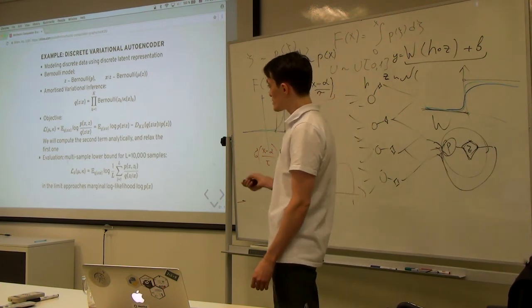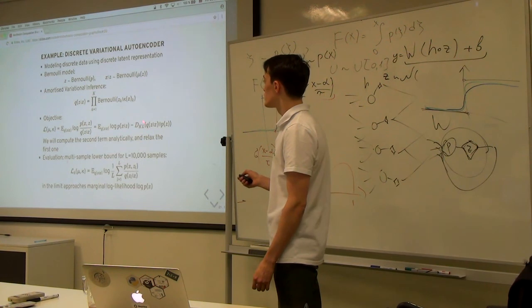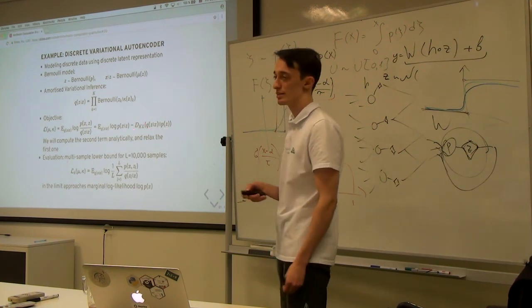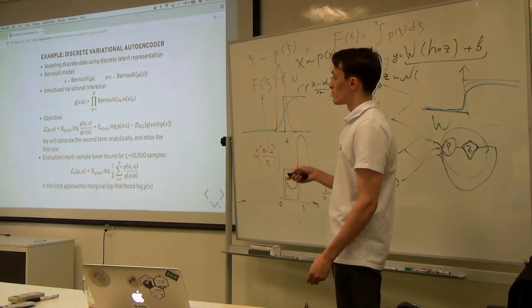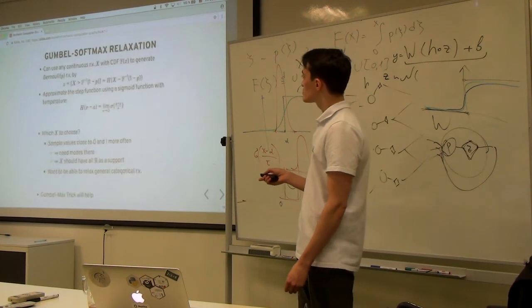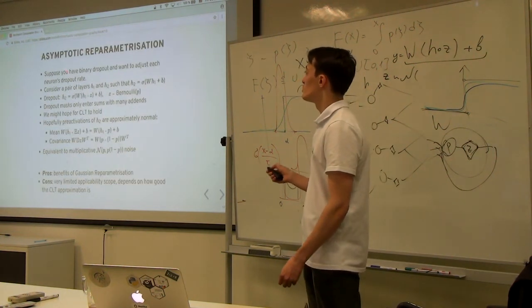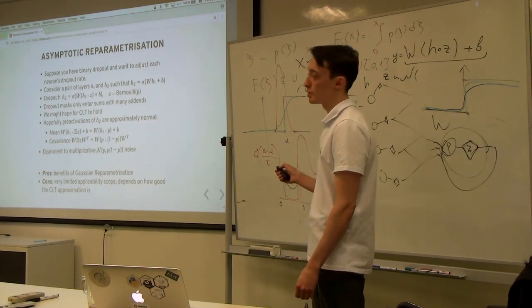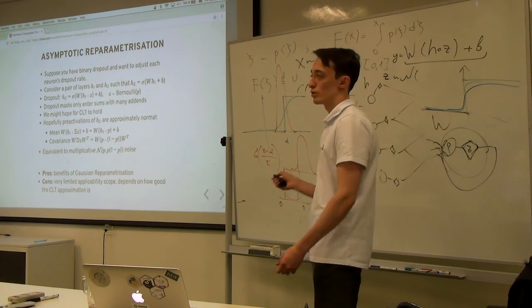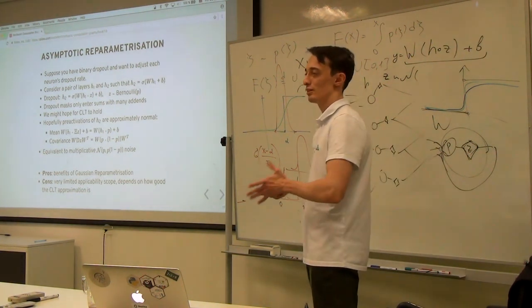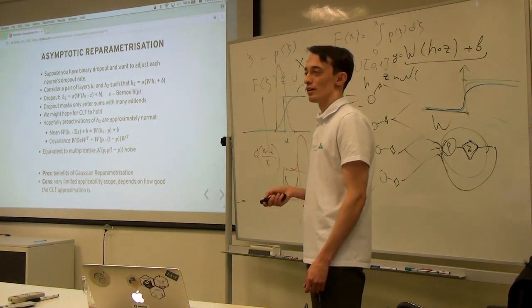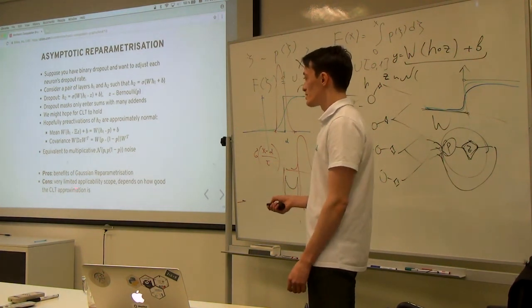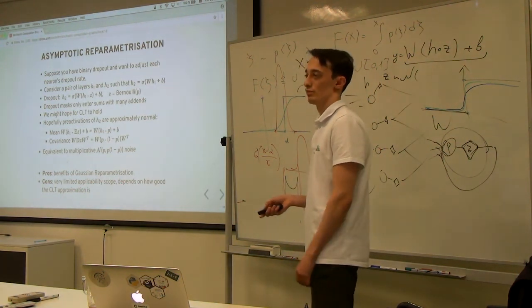What's important here is that I have computed the KL divergence between the code and the prior analytically because, for example, I wanted to compare all the methods with the asymptotic reparameterization, and it does not work. You can't relax the KL divergence using this reparameterization. This is one of the downsides. It only works when you can invoke the CLT.